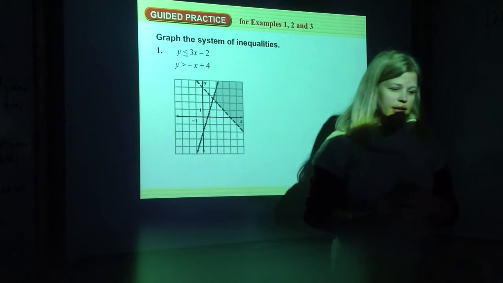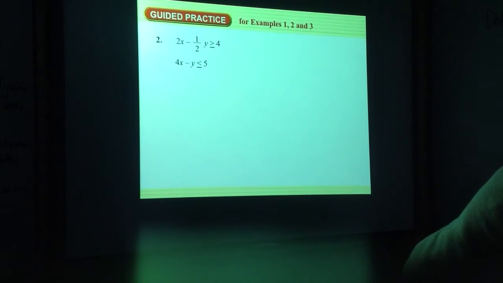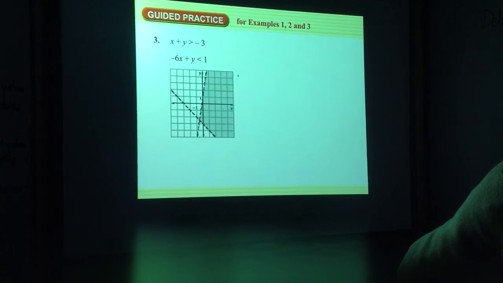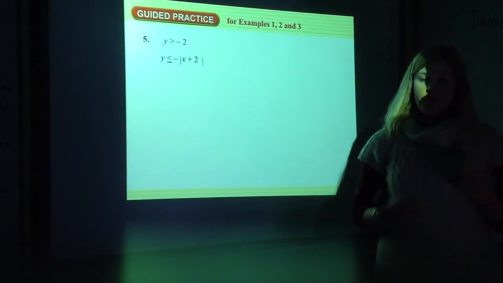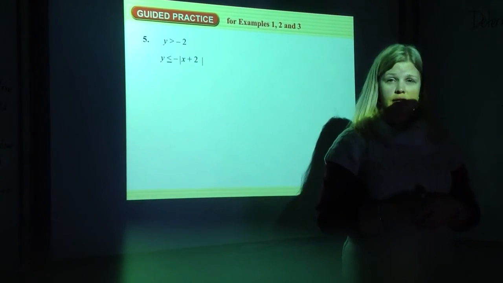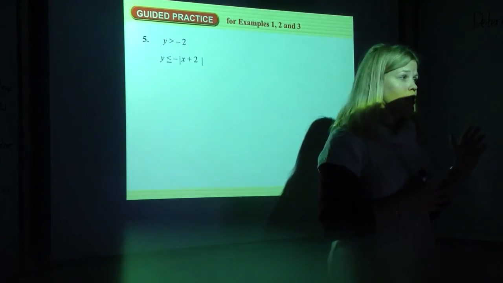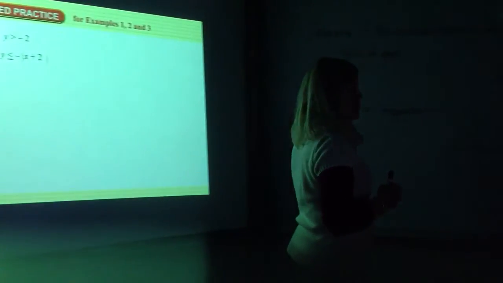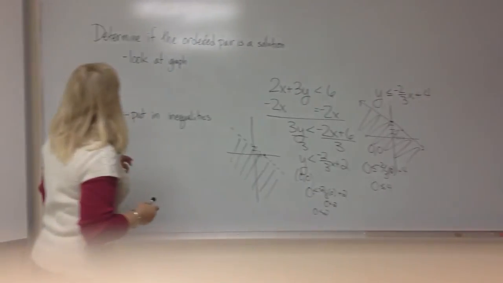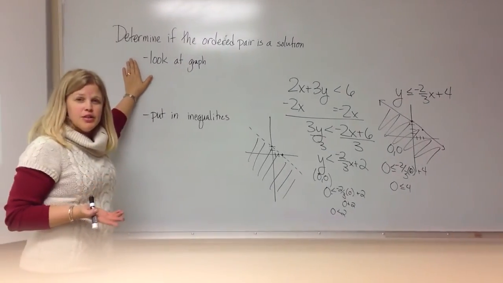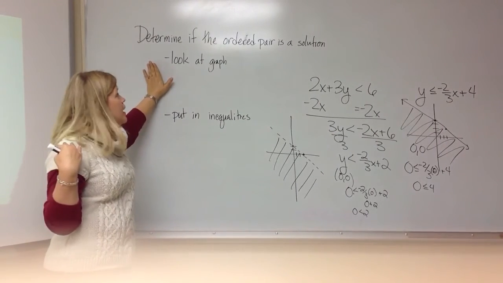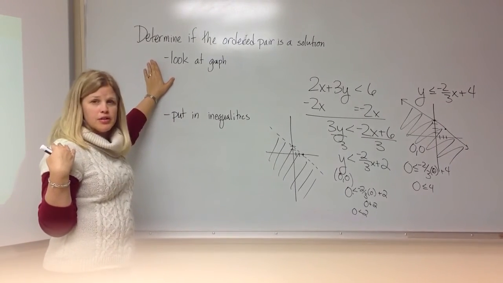Let's go ahead then. I don't think I really have any more that I necessarily want to look at on this. Instead, let's look at another kind of example I can ask you to do. So we're going to go ahead and swing around to the other board and turn on the lights. Okay, so the other thing I'm going to ask you to do besides matching graphs is determining if the ordered pair is a solution.